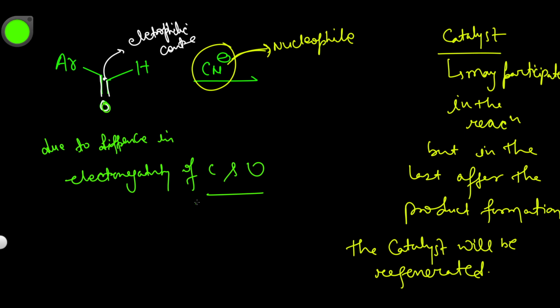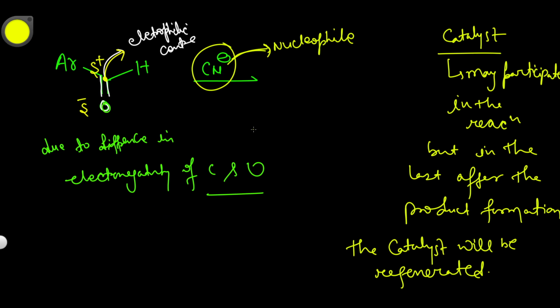Oxygen is more electronegative and carbon is less electronegative, so there will be a formation of polarized charge across the carbonyl. We can say here is a delta minus charge and here is a delta positive charge, and that's why this carbon is an electrophilic center.